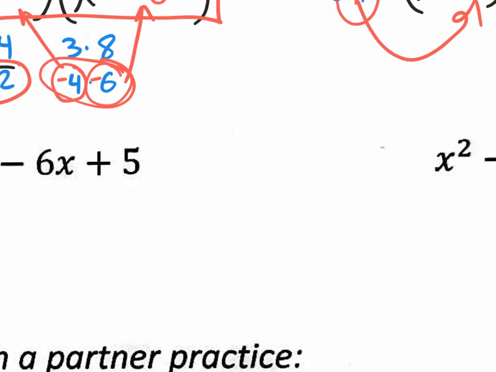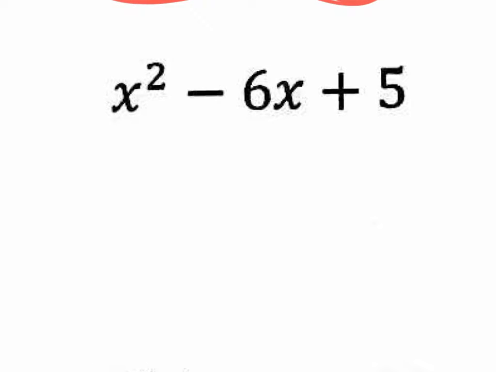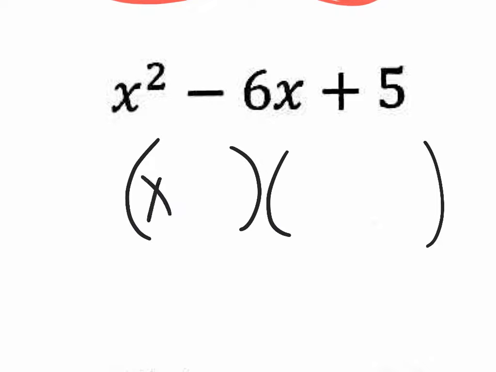Again, let's go to this next one and see how easy this is. So I'm going to go to my answer format. What times what is 5 that if I combine together is negative 6? 5 times 1. But see, 5 times 1 is 5. Negative 5 times negative 1, or negative 1 times negative 5. Okay, so you want both of those numbers to be negative.